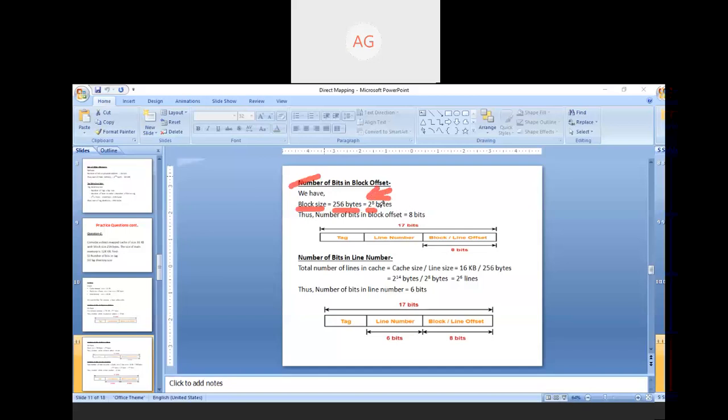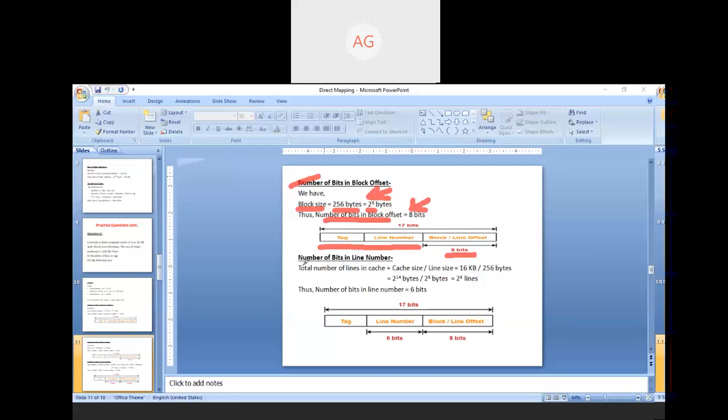So the number of bits in the block offset is 8 bits. Out of the 17 bits, 8 bits are in the block offset. So 17 minus 8 leaves 9 bits for the tag and line number.